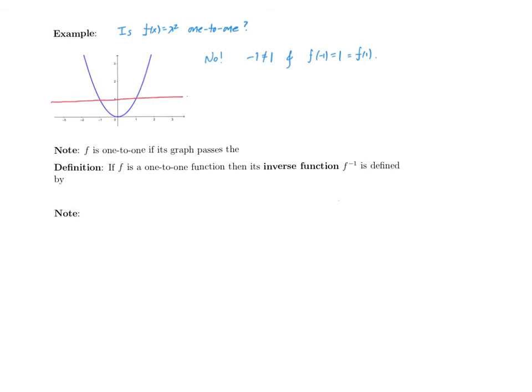So in this case, our observation was if we look at that horizontal line, y equals 1, it very clearly intersects the graph twice. And in this case, we would say the graph of the function y equals x squared does not pass the horizontal line test. And in fact, the observation or reminder from previous pre-calculus courses is that f is 1 to 1 if its graph passes the horizontal line test.